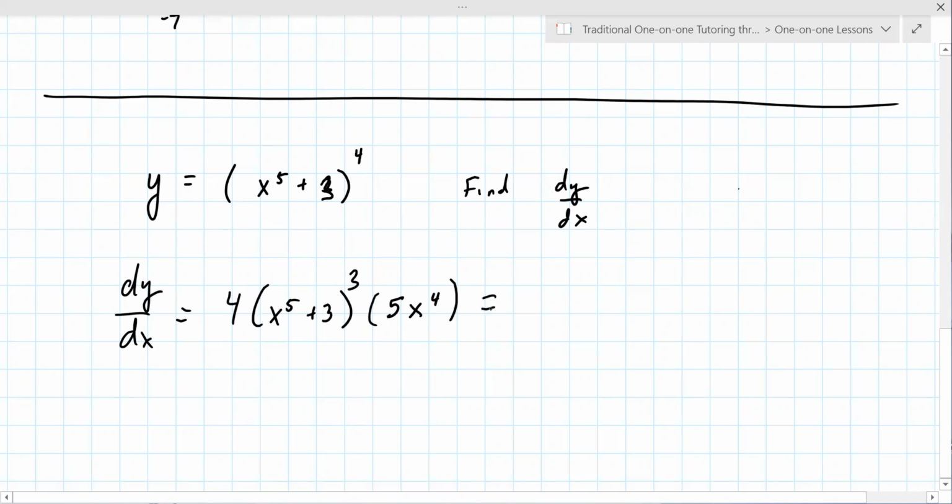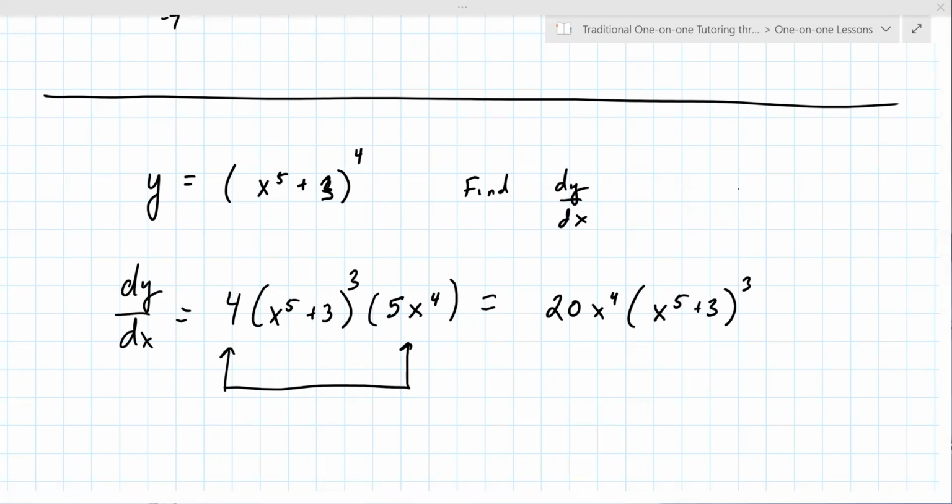It'll probably simplify. So you can multiply these two terms together to get 20x to the 4th, x to the 5th plus 3 cubed, something like that. Any questions on that? Okay, yeah, that makes sense.